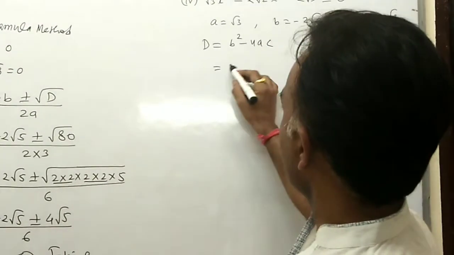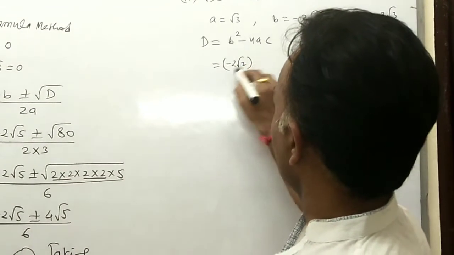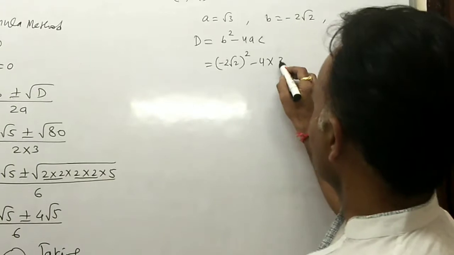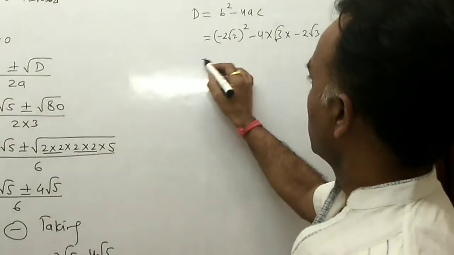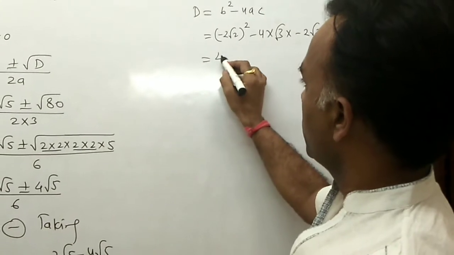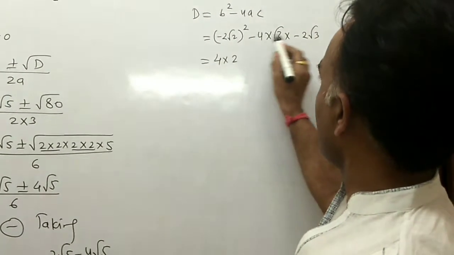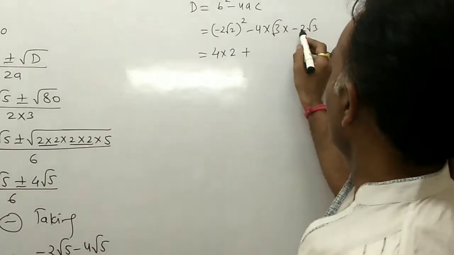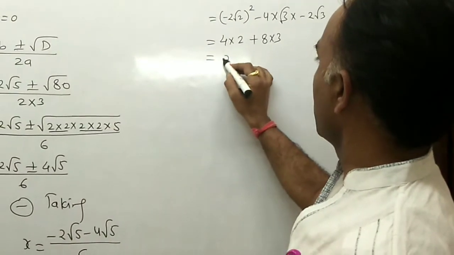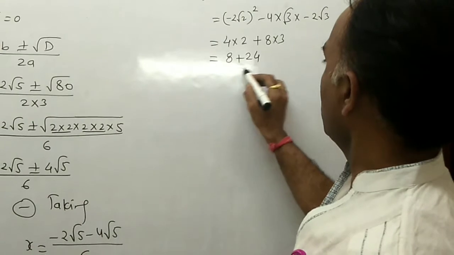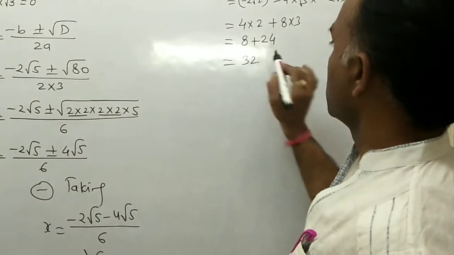After putting the values, we have (−2√2)² − 4 × √3 × (−2√3). (−2) squared is 4 and √2 squared is 2, minus times minus is plus, 4 × 2 is 8, and 4 × 2 × 3 is 24. So 8 plus 24, we have 32.